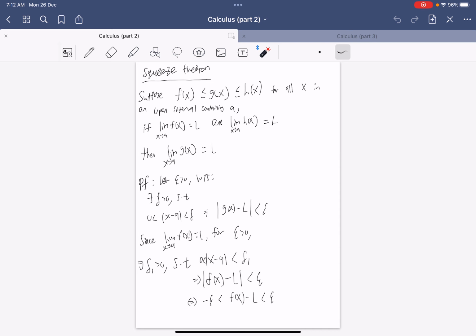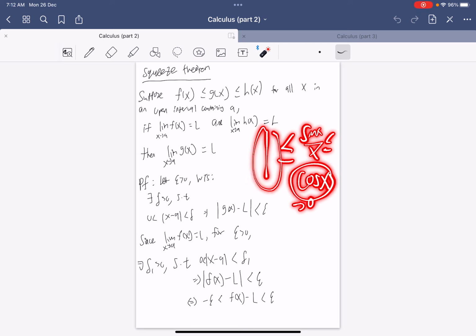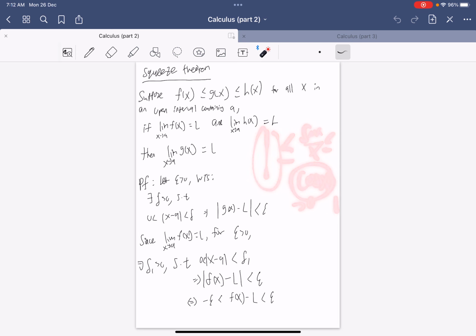But in order to do so, they will bound sine x over x to be in between 1 and cosine x. And so as x approaches 0, this side stays as 1 and cosine x stays as 1. And so now the idea is just to squeeze between two sides that approach 1. And so you want your value of this limit to also be 1.